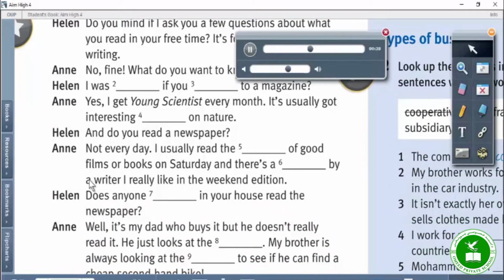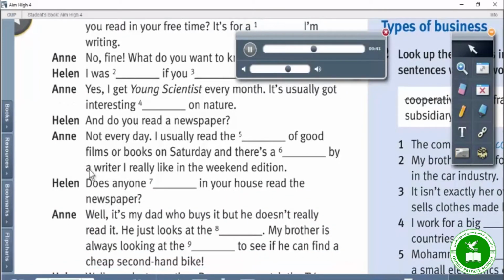I usually read the reviews of good films or books on Saturday, and there's a column by a writer I really like in the weekend edition. Does anyone else in your house read the newspaper? Well, it's my dad who buys it, but he doesn't really read it. He just looks at the headlines. My brother is always looking at the classified ads to see if he can find a cheap second-hand bike. Well, one last question. Do you ever watch the TV news? Not really. I prefer the radio. I can't stand all those TV advertisements. Me neither. Thanks for answering my questions. Good luck with your report.